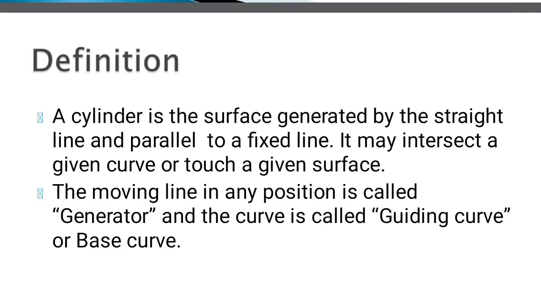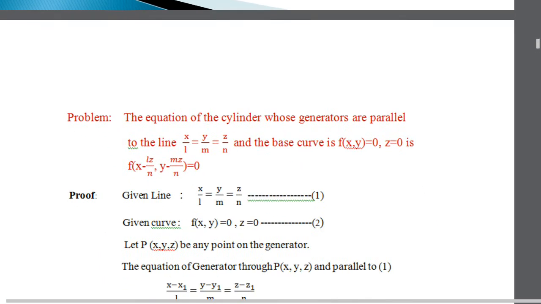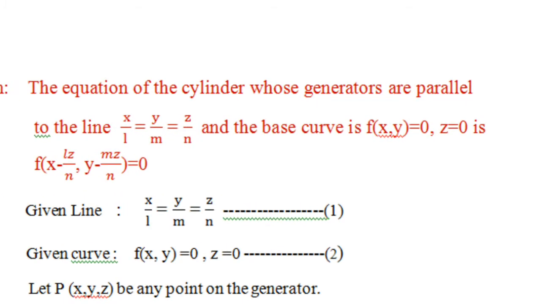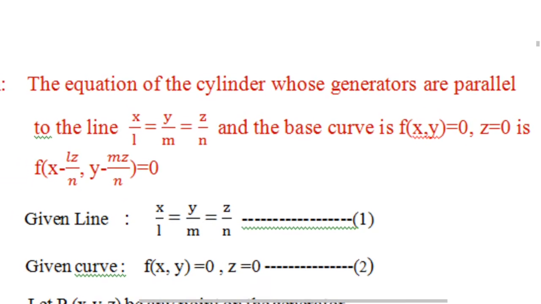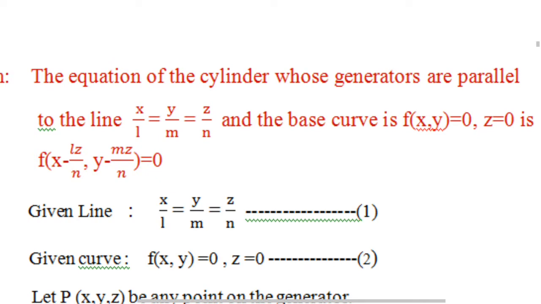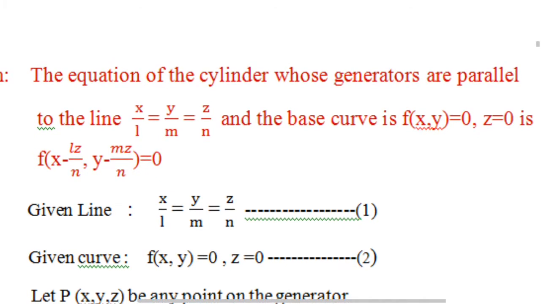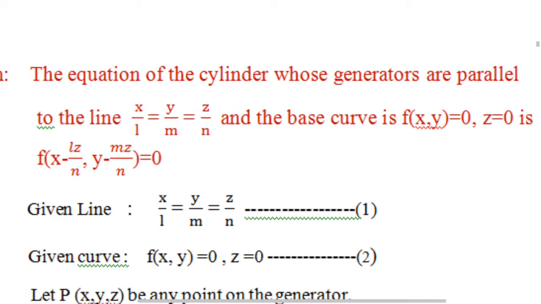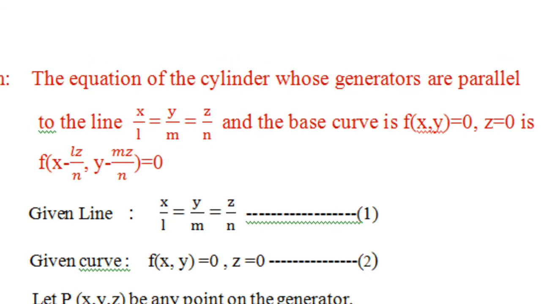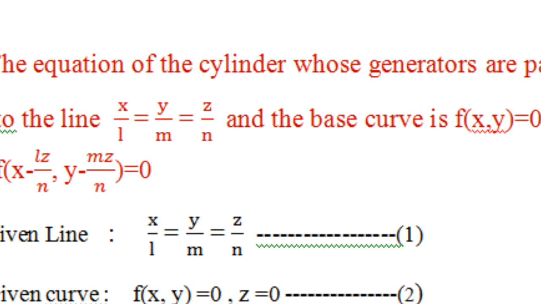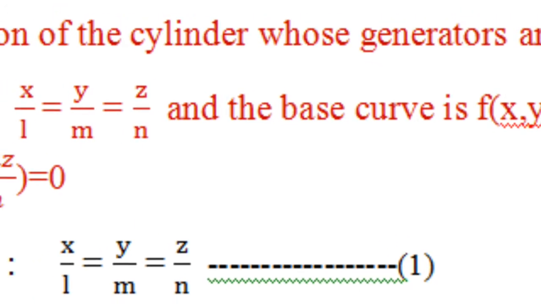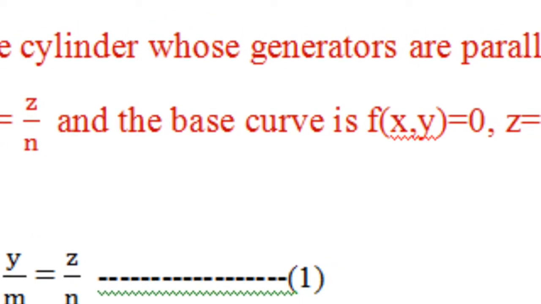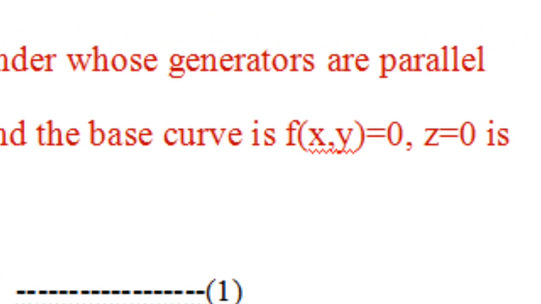The first problem is the equation of the cylinder whose generators are parallel to the line. You know very well what a generator is: the moving line in any position of the cylinder. In this problem, they have given the generators parallel to a line and the base curve, the fixed curve, also called the guiding curve, f of x y equal to 0, z equal to 0.